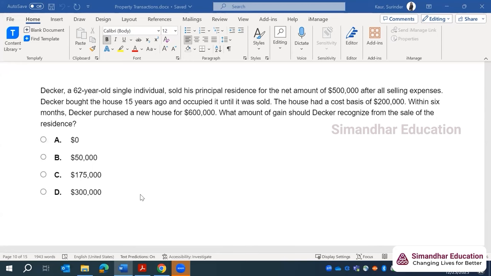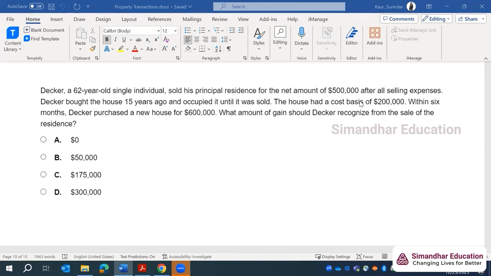Again, you have to see what is the filing status of the taxpayer and has he satisfied both the conditions, and if yes, then how much of the gain can be excluded and how much he has to pay taxes. See, purchase of the new house has nothing to do with the transaction that has originally happened on the old house, okay? This information is there just to confuse you.